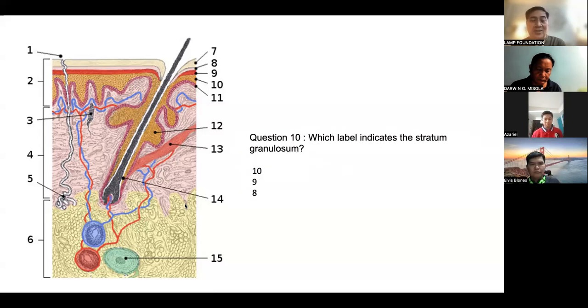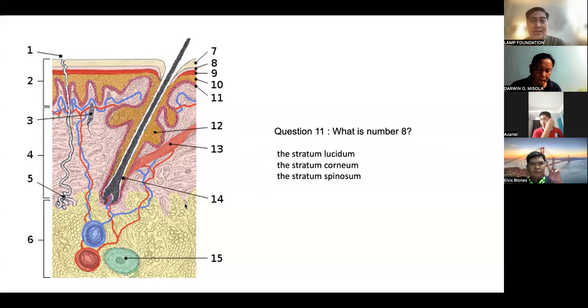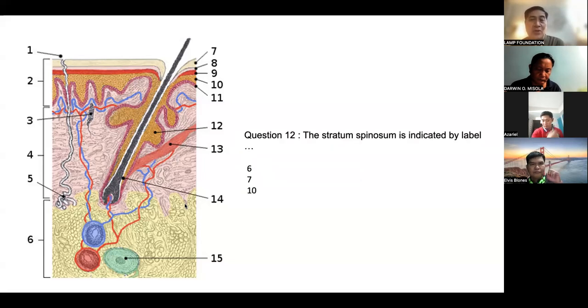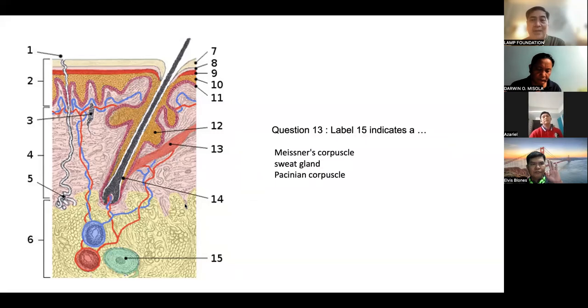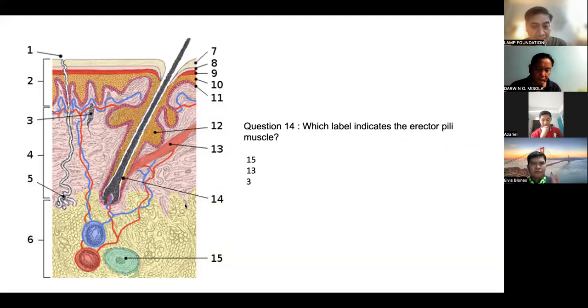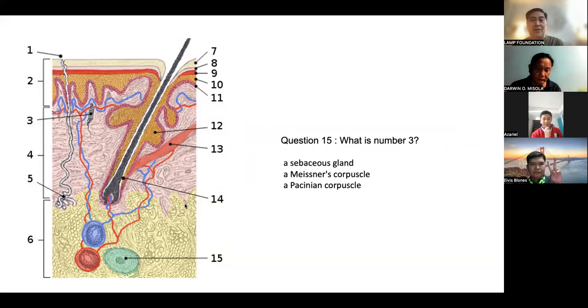Which label indicates the stratum granulosum? What is number 8? The stratum spinosum is indicated by label. Label 15 indicates. Which label indicates the erector pili muscle? What is number 3?